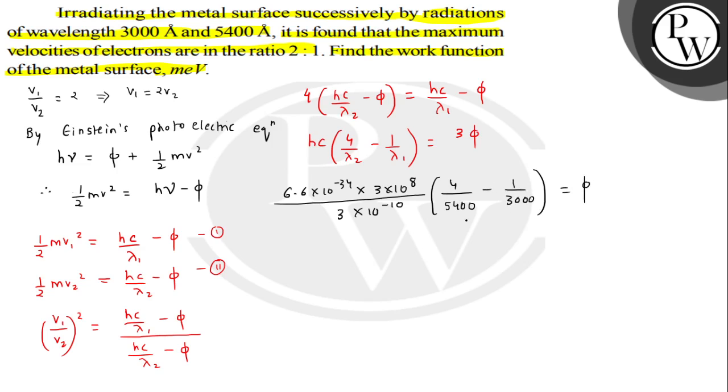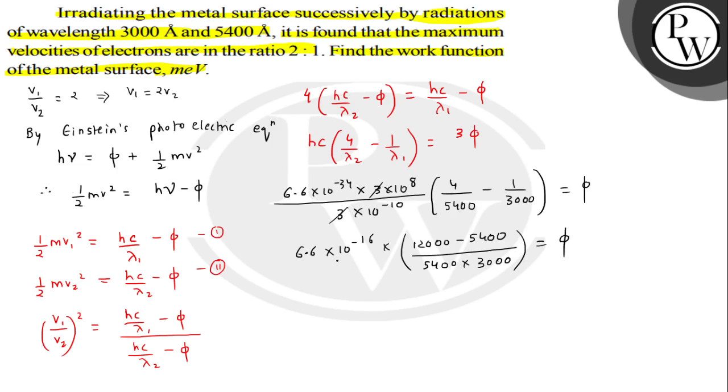The 3 and 3 will get cancelled out, so what remains is 6.6 into 10 raised to minus 16 into 12,000 minus 5400 divided by 5400 into 3000.